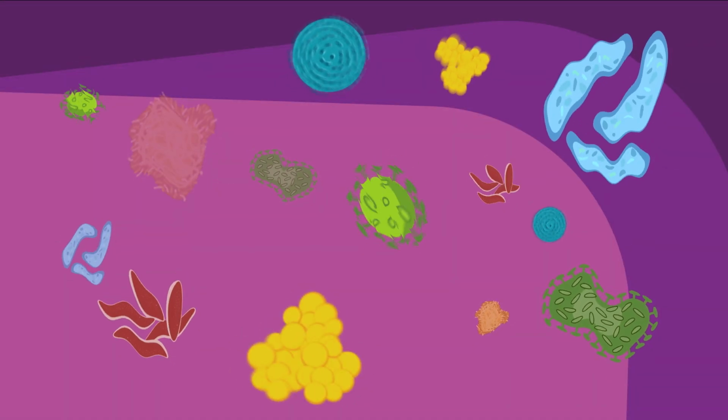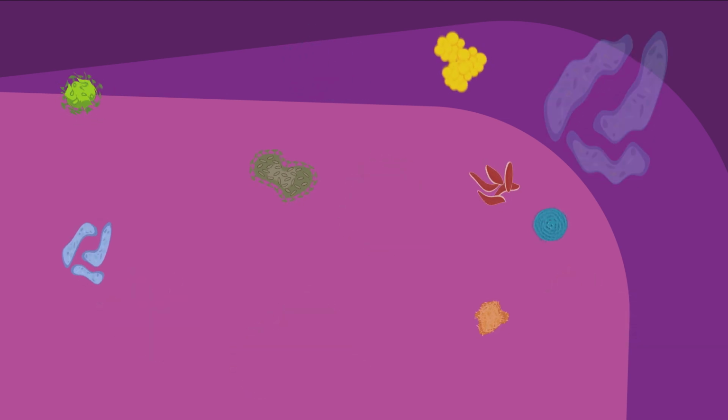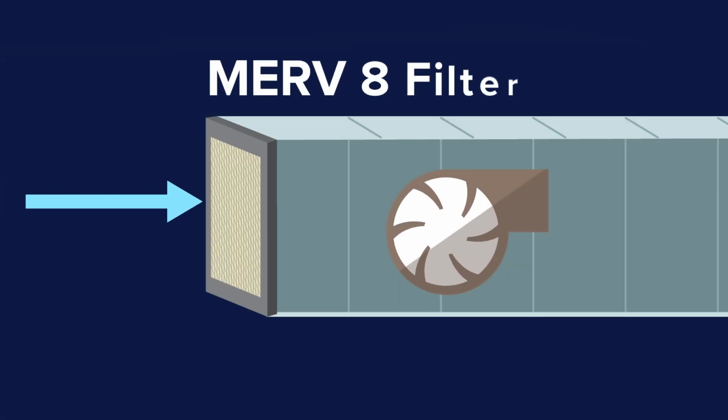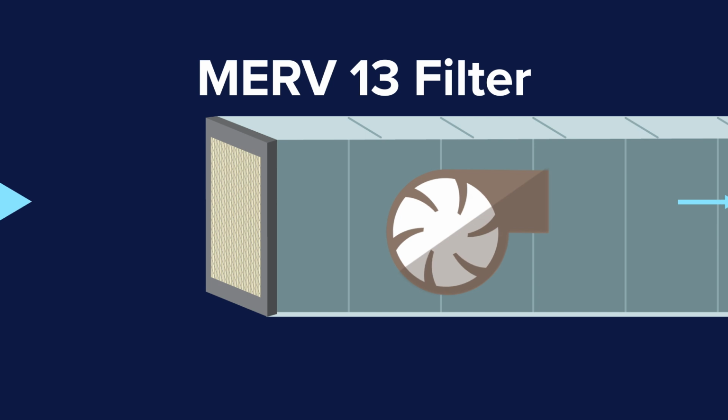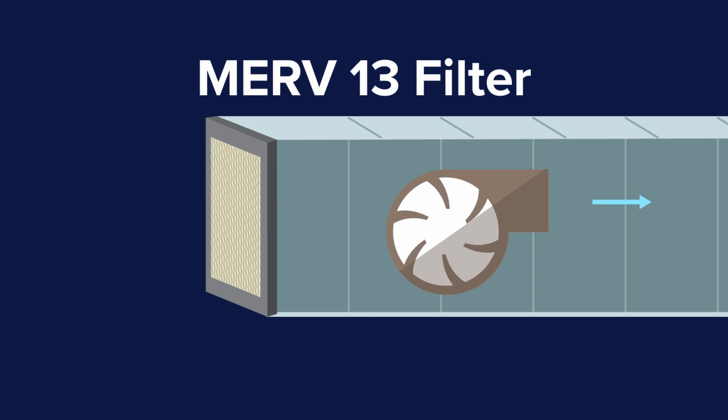Higher-rated filters also do a better job removing small respiratory particles that carry germs like bacteria and viruses. A higher filter rating can, however, put more strain on the HVAC system. So it's always important to check with a qualified person that your HVAC system can handle a higher-rated MERV filter before making a change.